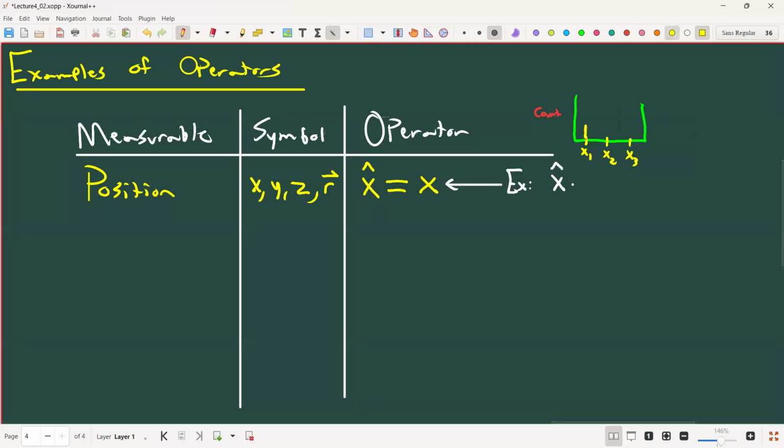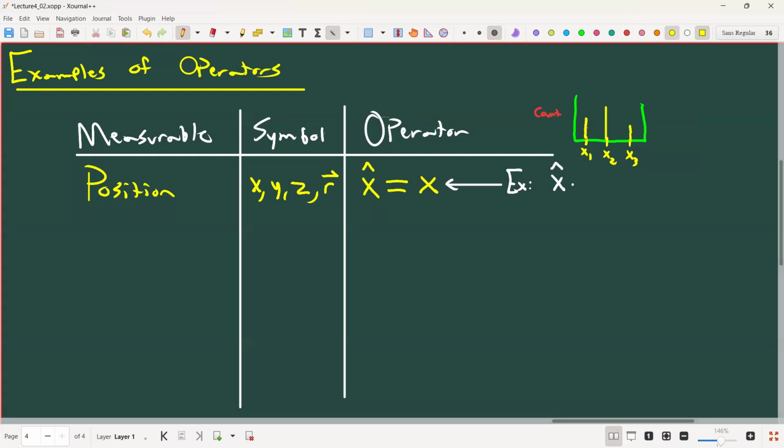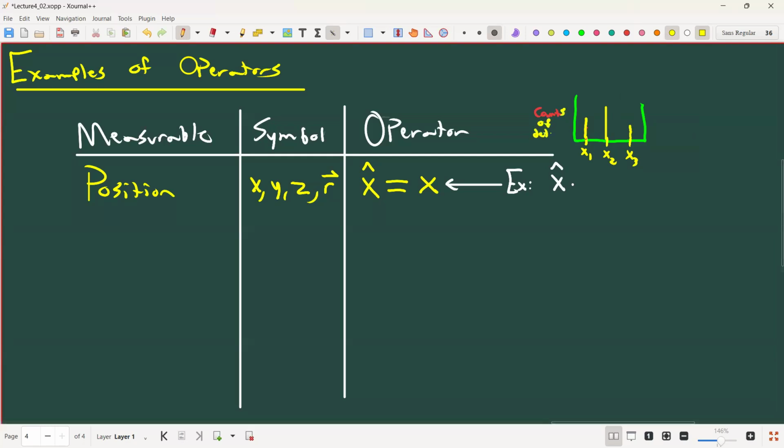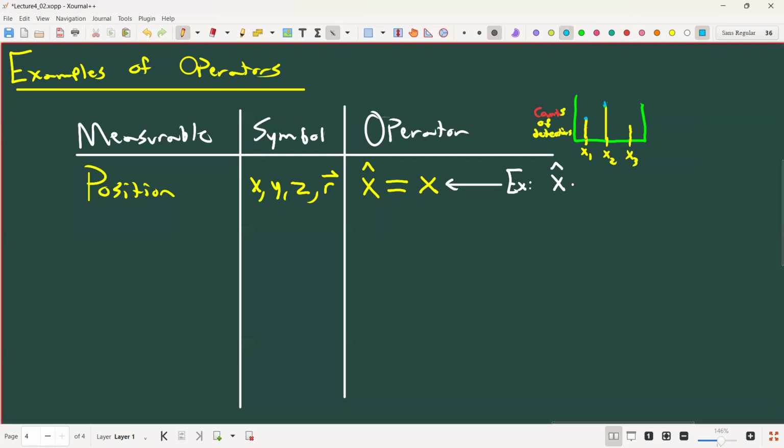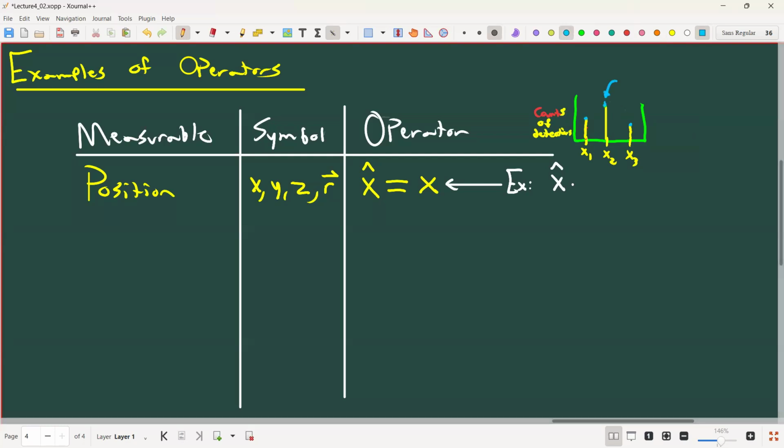So we're going to have some measurements, some statistics like this. These are the counts of detections. It's small text, I'm sorry. And the Y values of these, which I'll mark in blue, this is the probability of finding the particle at position X2.